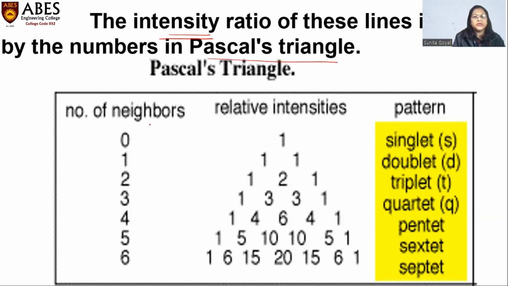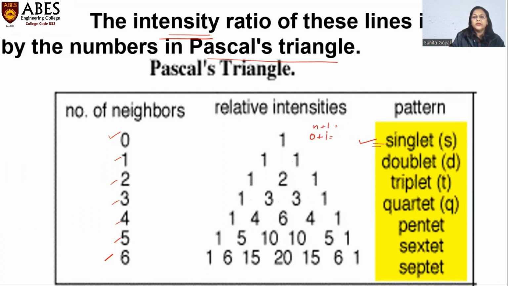As per Pascal's triangle, if the number of neighbors is 0, 1, 2, 3, 4, 5, and 6, we can see their relative intensities as 1, 1 to 1, 1 to 2 to 1, 1 to 3 to 3 to 1, 1 to 4 to 6 to 4 to 1, and so on, because of the pattern of the multiplet. If no neighbors are there, it will be in the form of a singlet only, because it is created by the 0 plus 1 rule.